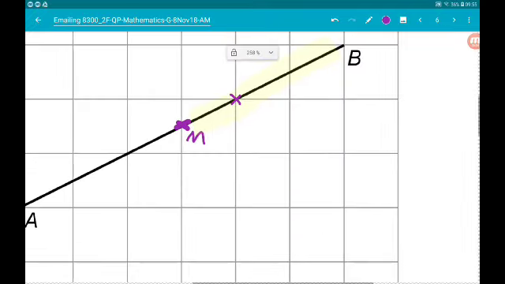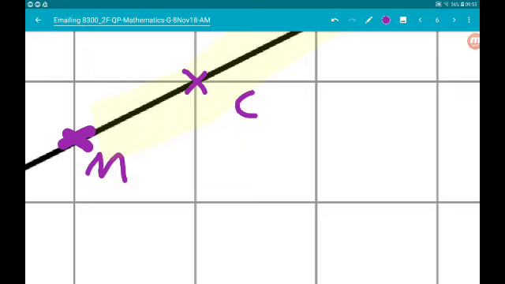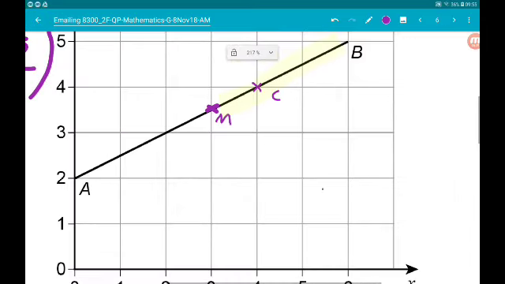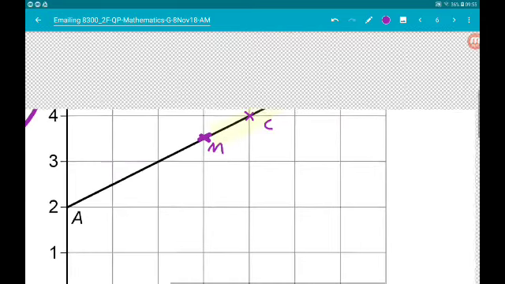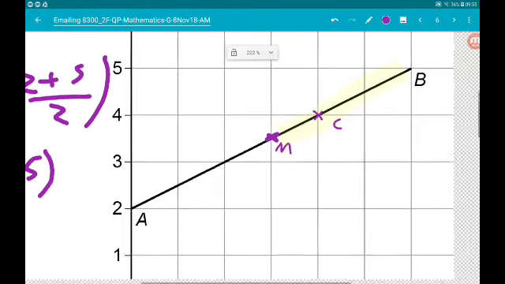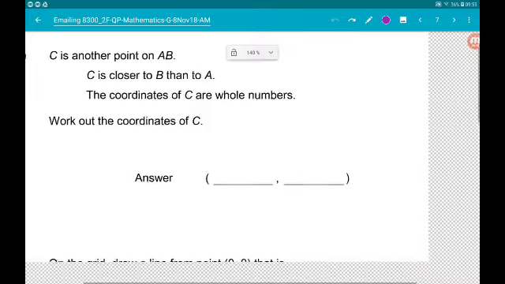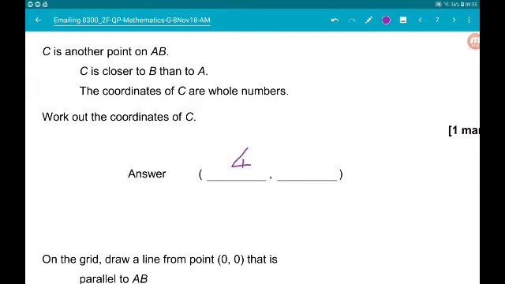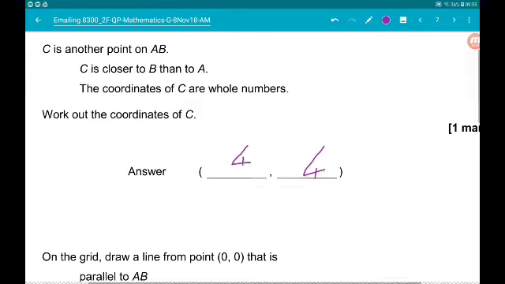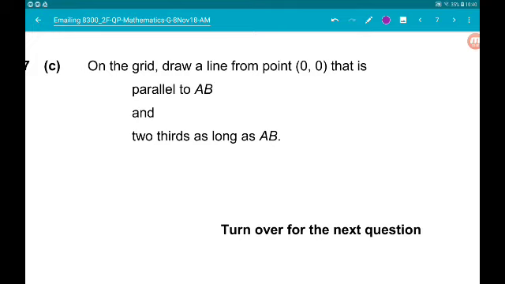Now that point, let's call it C, has x coordinate 4 and y coordinate also 4. So C is 4, 4.